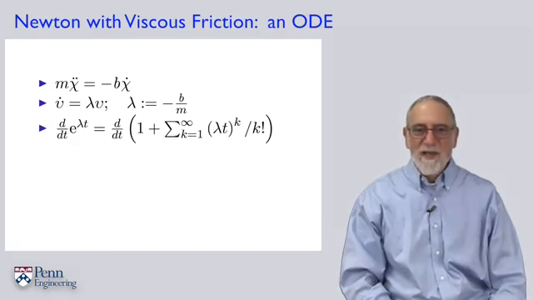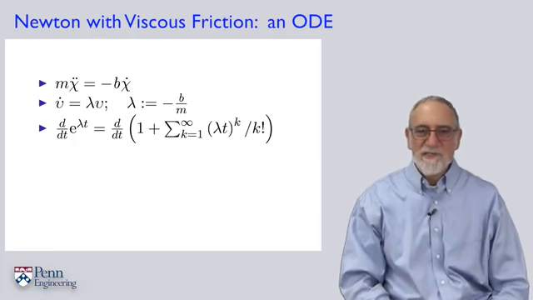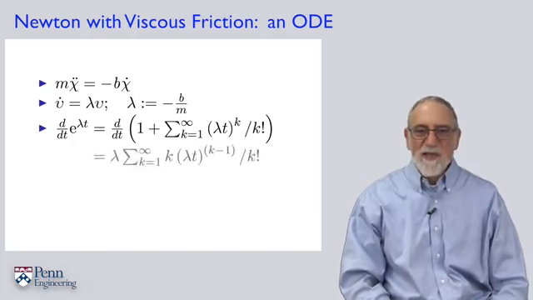So let's check. d by dt of e to the lambda t is d by dt of this infinite series. And if you apply the derivative operator to each term of this series, d by dt of the constant 1 is 0. Let's bring d by dt in under the summation sign for each of these terms.